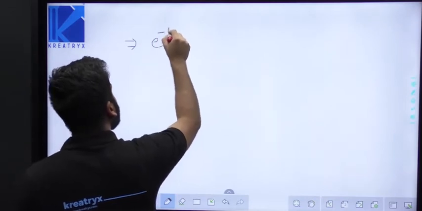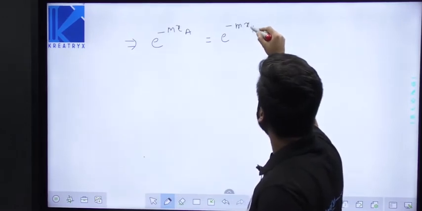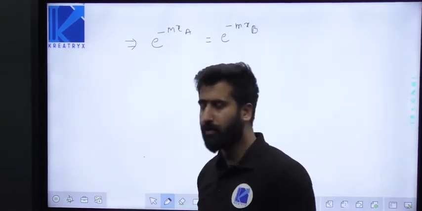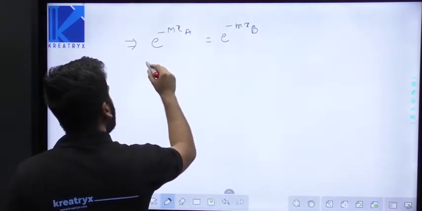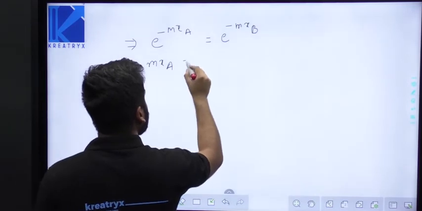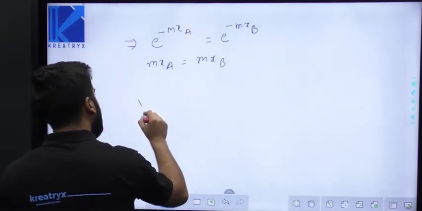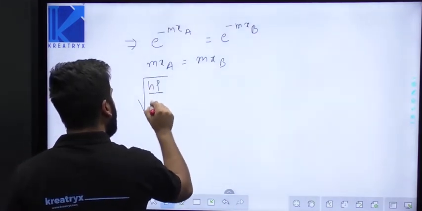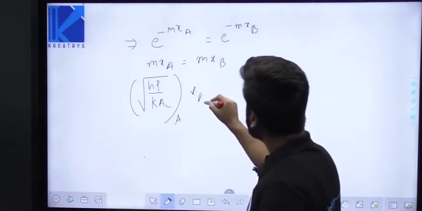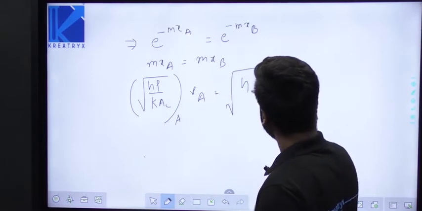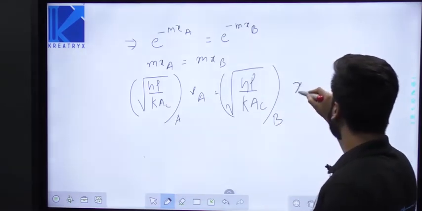So that implies e raised to the power minus mxa is equal to e raised to the power minus mxb. Take natural log on both the sides. So mxa is equal to mxb. We are left with this only. Now what is m? Root hP by kAc for A, xa is equal to root hP by kAc for B, xb.